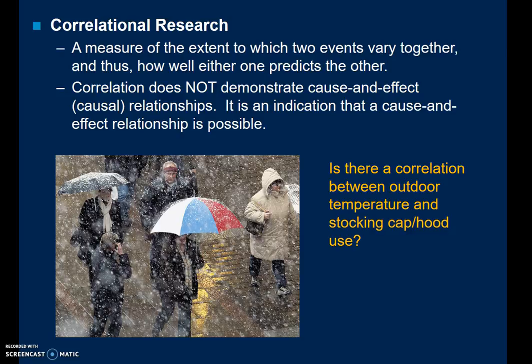Sometimes we can't do experiments because it would be impractical or even sometimes unethical. For example, let's say we wanted to know if there was a correlation between college students' self-esteem and GPA. We can't manipulate either one of those as an independent variable because you can't just assign students a GPA and see what effect that has on their self-esteem.